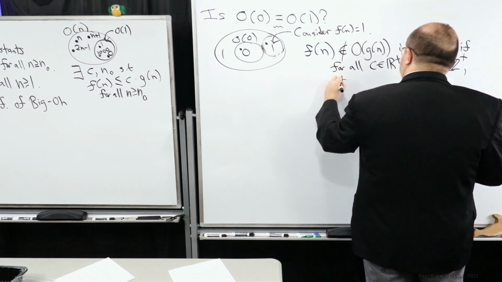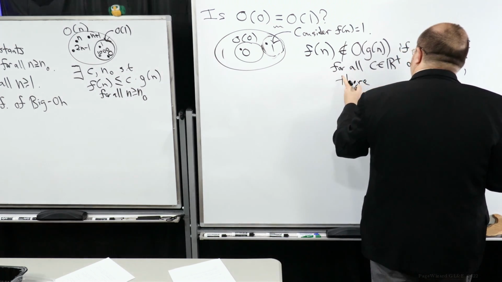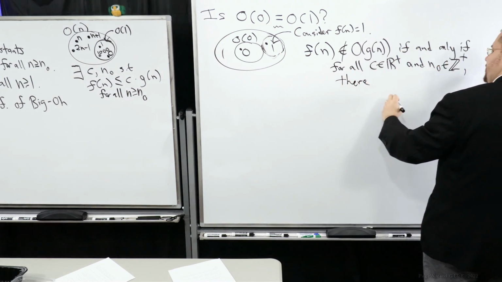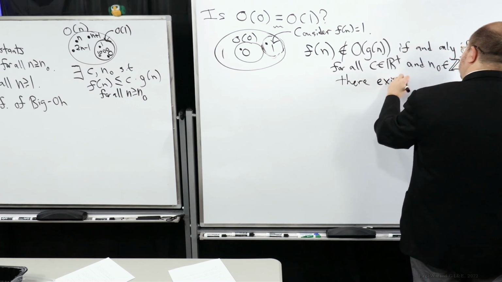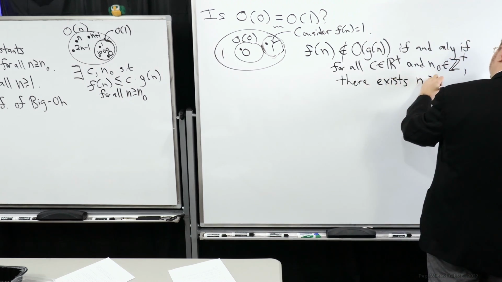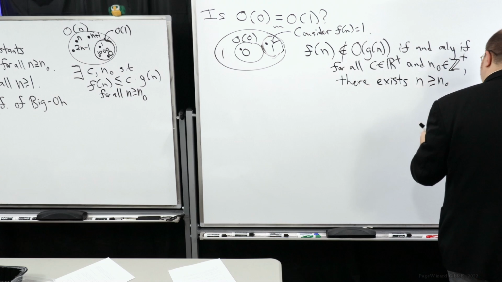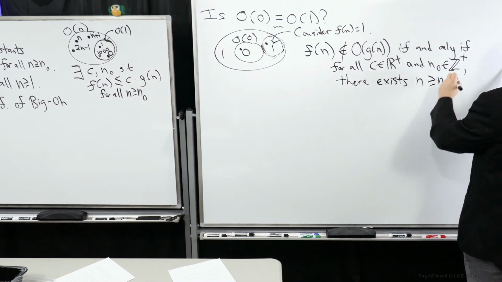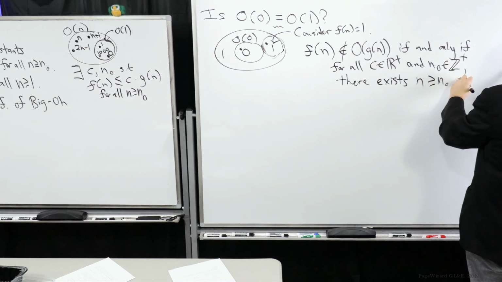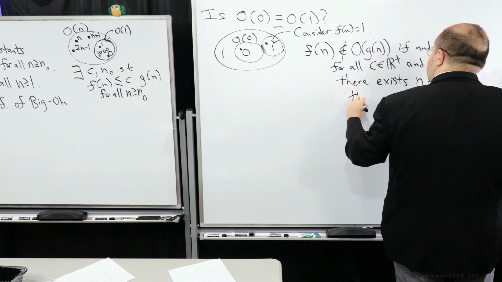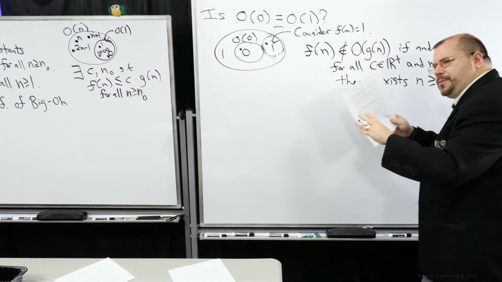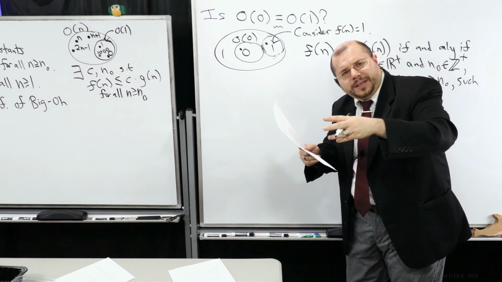So if and only if for all c and n0, there exists n, which has to be greater or equal to n0, so this is some positive integer that is greater or equal to n0, such that what? What did it mean to make it so that one of the functions goes a little higher than the other one by that constant multiple?